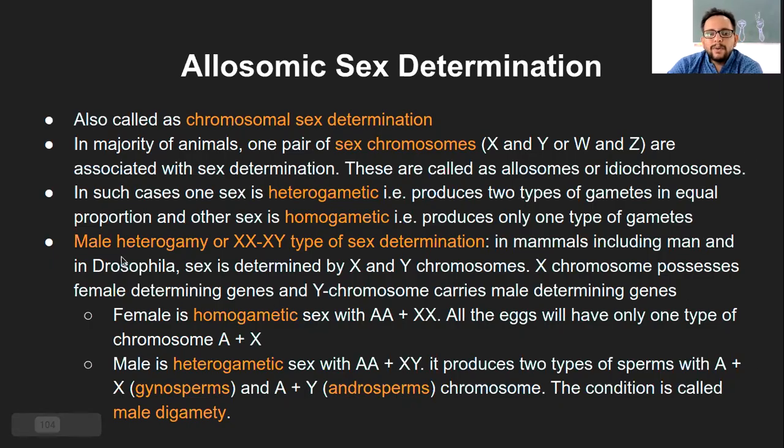First we are going to look at male heterogamy, and this is the example, that is XX or XY type of sex determination. In mammals, including man, or in Drosophila, sex is determined by the presence of X and Y chromosomes. The X chromosome possesses female determining genes. The Y chromosome carries male determining genes.